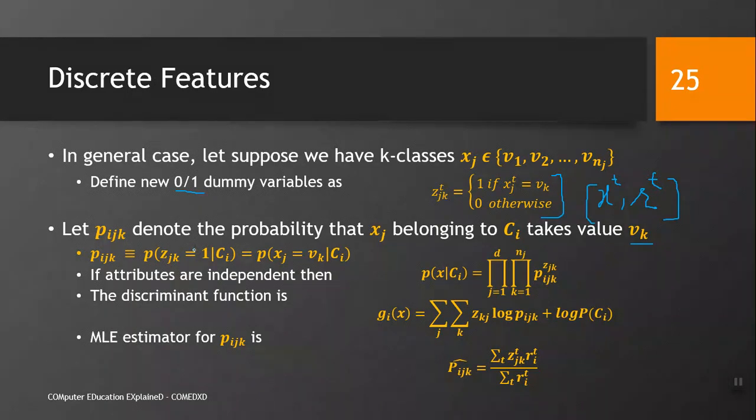For example, the value of this variable would be 1 if Ci is given, and Ci is also equal to the class i. Pxj is equal to Vk given Ci. Try to understand this.